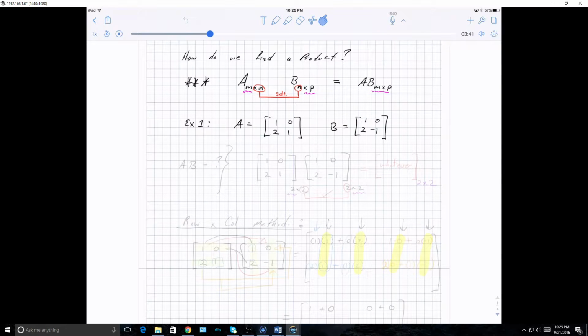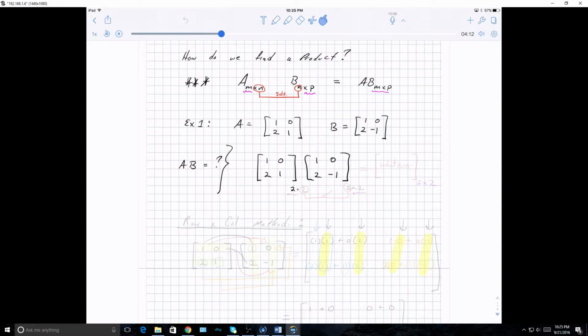In this case, it doesn't matter if we multiply A and B because the dimensions are all the same, 2 by 2s, which are kind of nice. So what we're going to do is find the product AB. In order for us to uncover what this is, we're first going to see if the dimensions work for us. So I'm just going to rewrite it as 1, 0, 2, 1, and I'm going to multiply it by 1, 0, 2, negative 1.